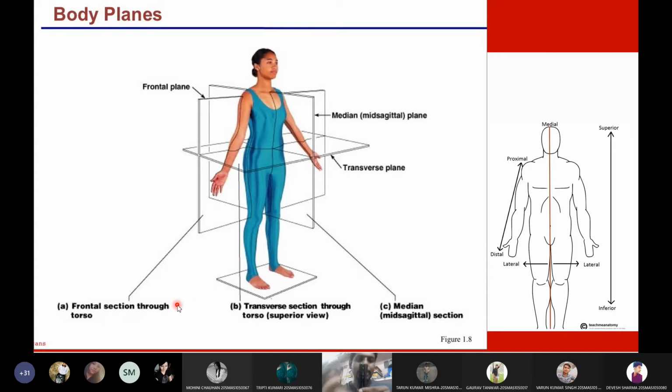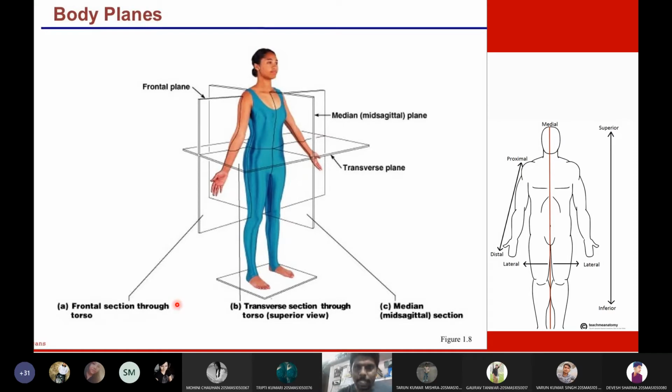The frontal plane will make the entire body into two parts. So this is called the frontal plane, and the center one is called the medial plane, and the other is called the transverse plane.